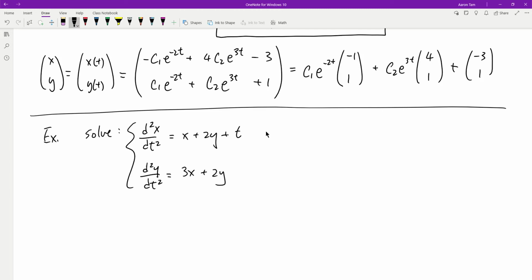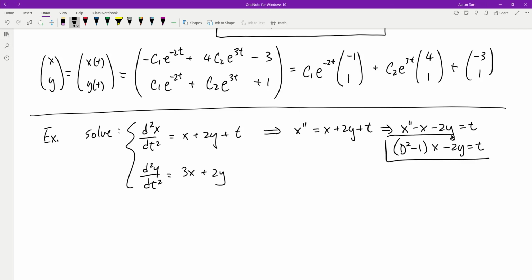So this becomes x double prime equal to x plus 2y plus t. Therefore x double prime minus x minus 2y equal to t. So I can say (d squared minus 1) of x minus 2y equal to t. This one becomes y double prime equal to 3x plus 2y.